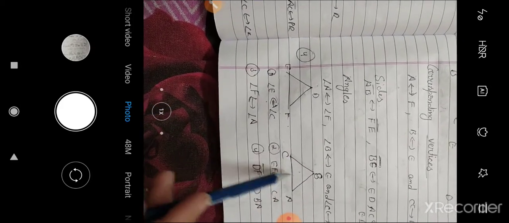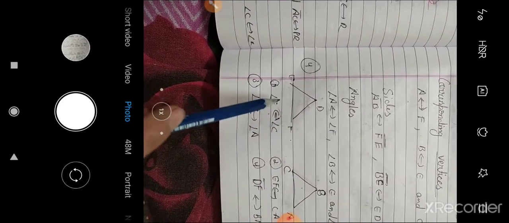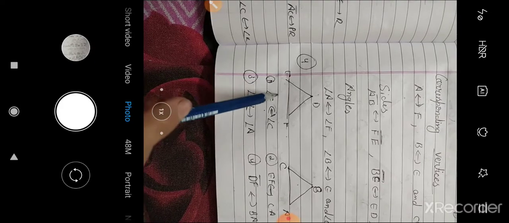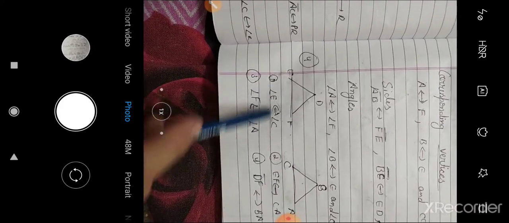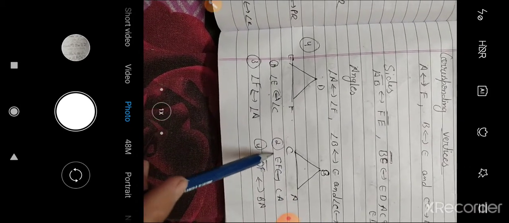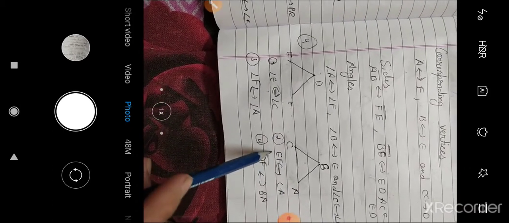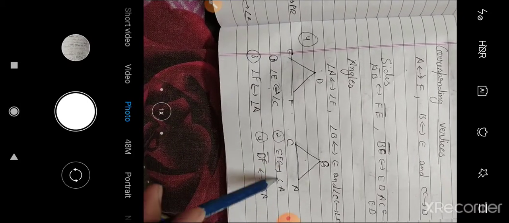If we place triangle BCA over DEF, angle E coincides with angle C. So these two angles correspond to each other. In the same manner, side EF overlaps with side CA.